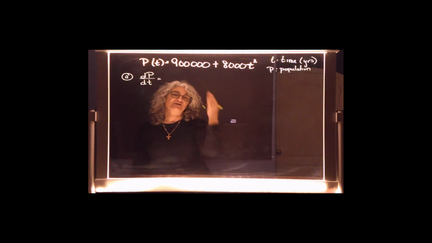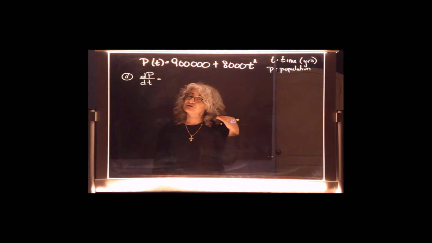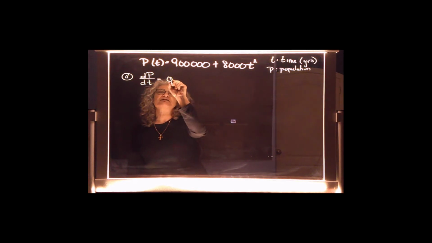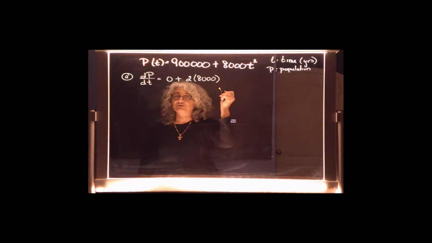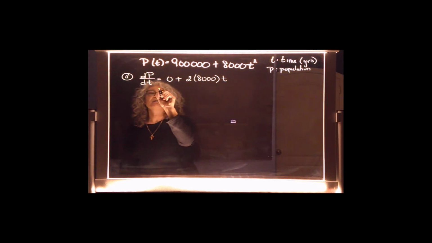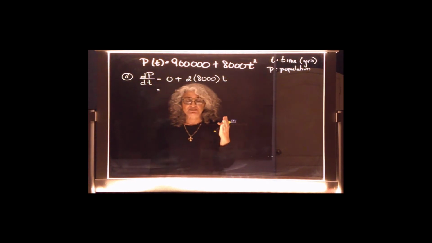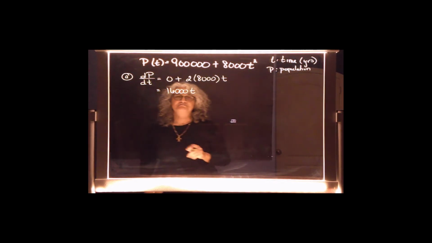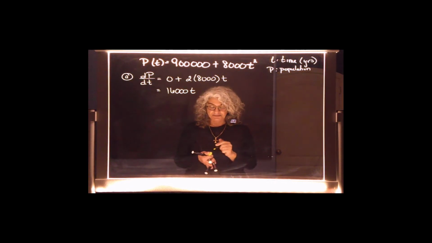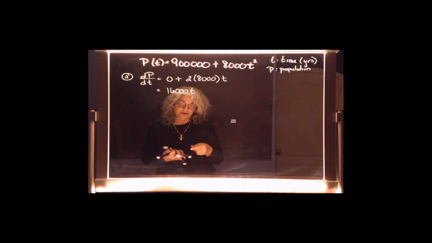This 900,000, you take the derivative of a constant, you get a constant. And taking the derivative of this power, you bring the power down, multiply it by the coefficient, reduce by 1, which tells you, in this particular case, the growth rate will be 16,000 T. Agreed?